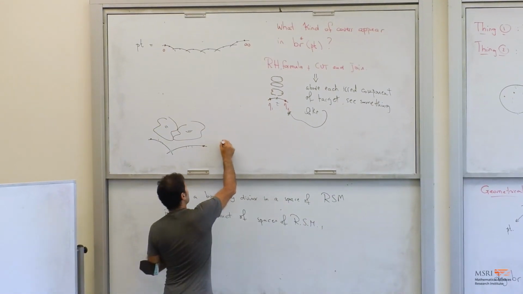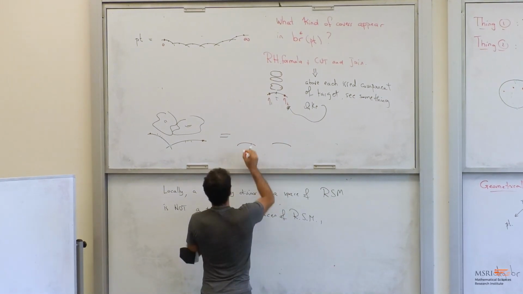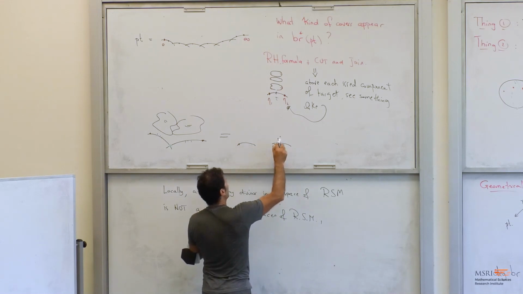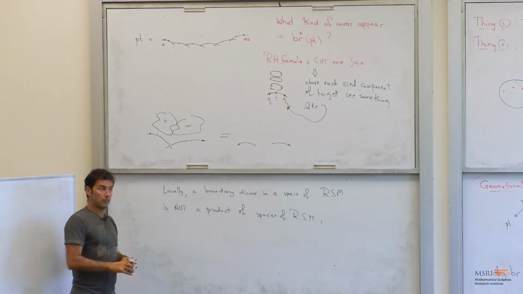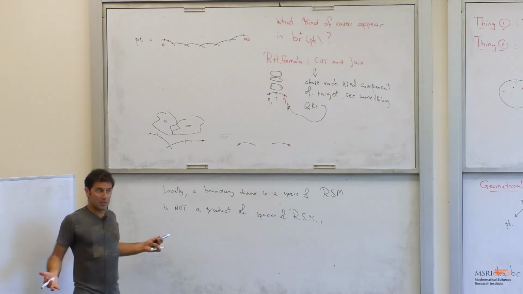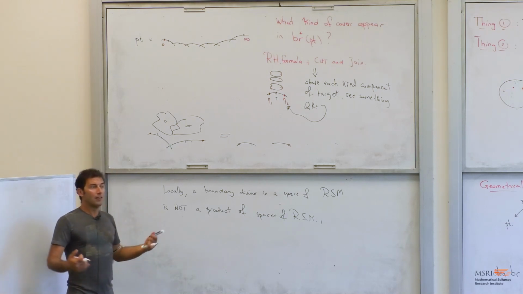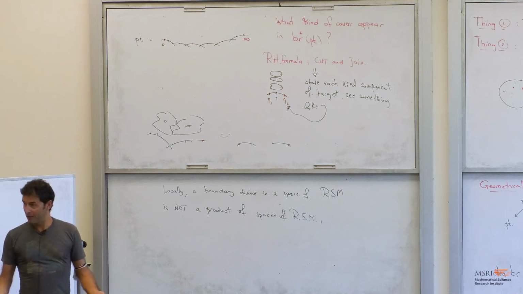So why can't I just pull these two things apart and say, to specify a picture like this, I need to give a pair of relative stable maps, and then just glue them? It seems like it should be the case, right? And in set land, it is the case, but in stack land, it's not.